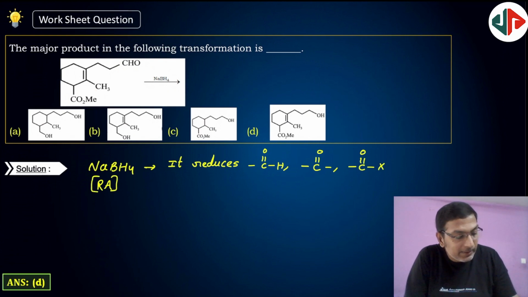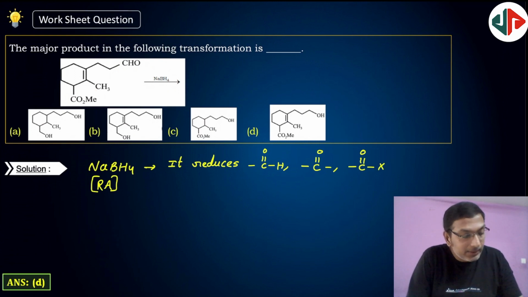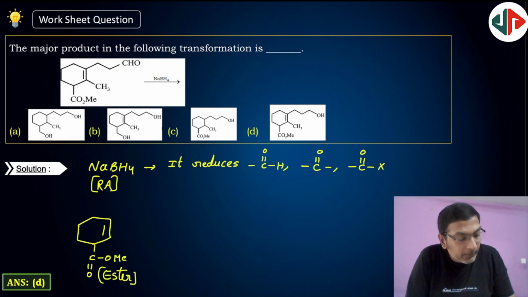So in the given example, there is an aldehyde group, and this will be the ester group, COOMe, ester.